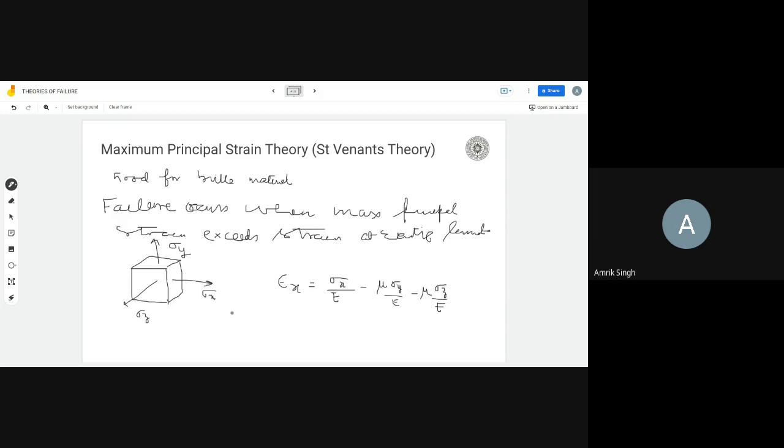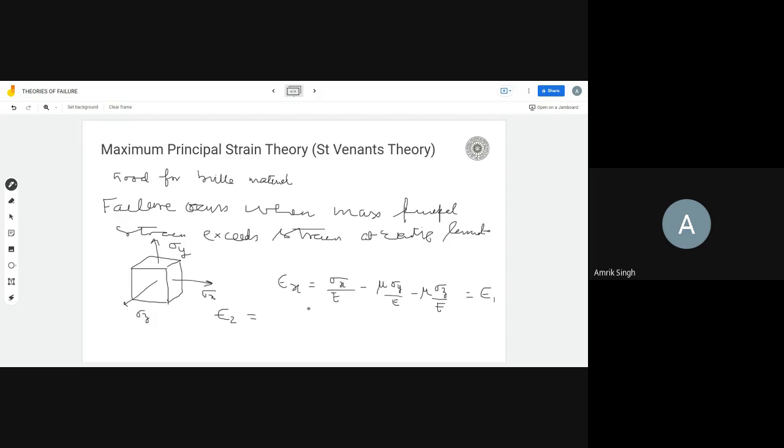Similarly, this will be epsilon 1, the maximum principal strain. Similarly, epsilon 2 will be equal to, corresponding to x, y, z, you can write here.